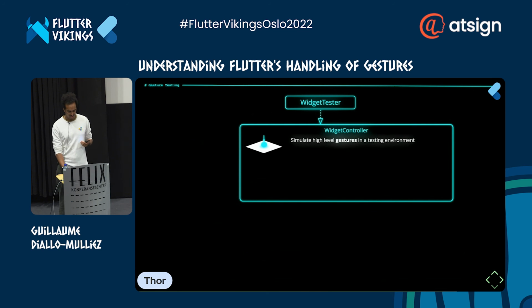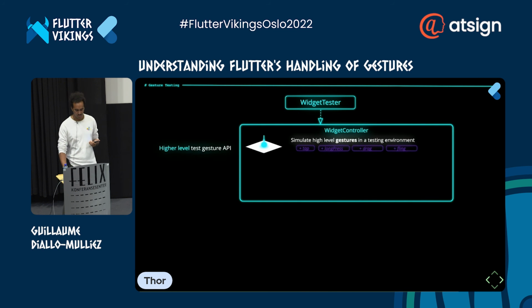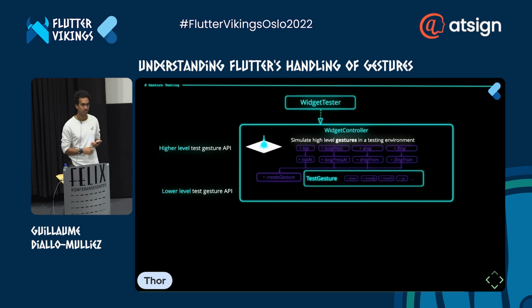So what's the architecture for this? You have the widget controller that offers those high-level methods, and they all use behind the scenes a createGesture method. We create what's called a TestGesture, and on the test gesture, it's really small, but you have methods like down, and then you can move by a certain amount of pixels on your screen. You can move to a position, and then you can call up to complete your gesture.